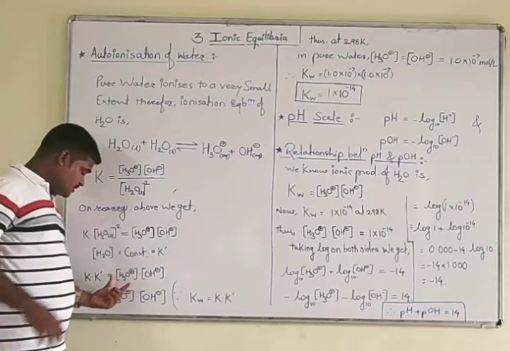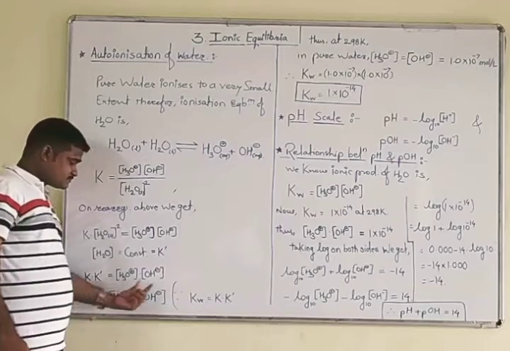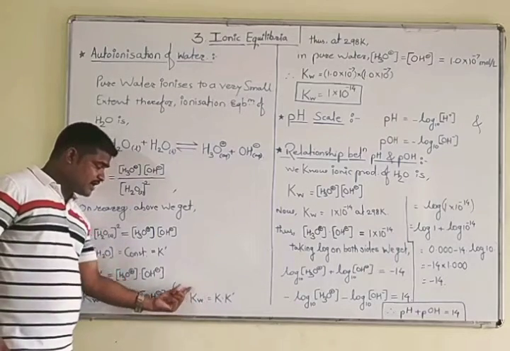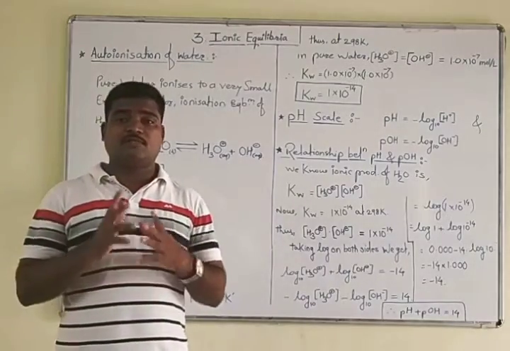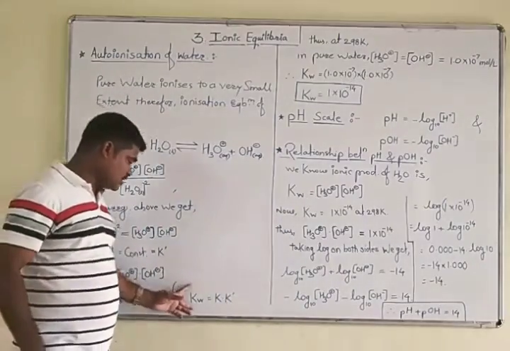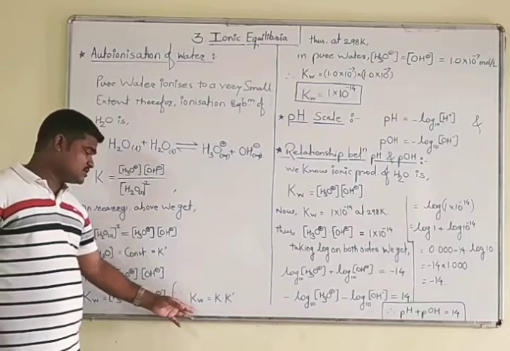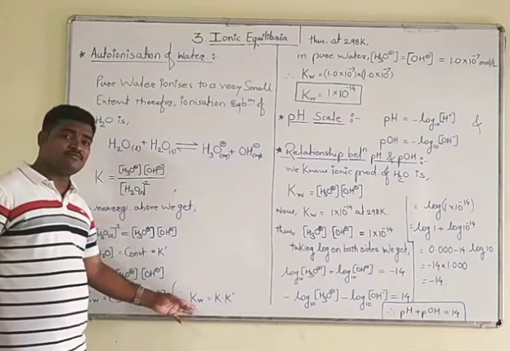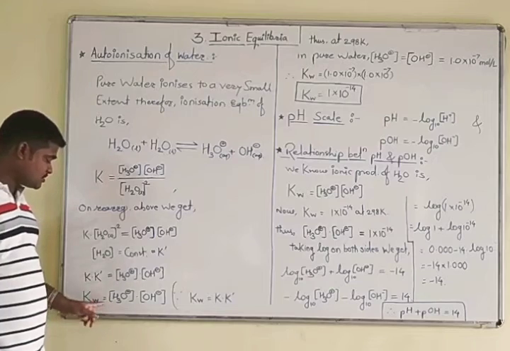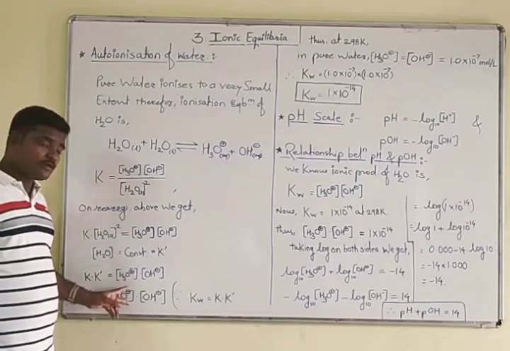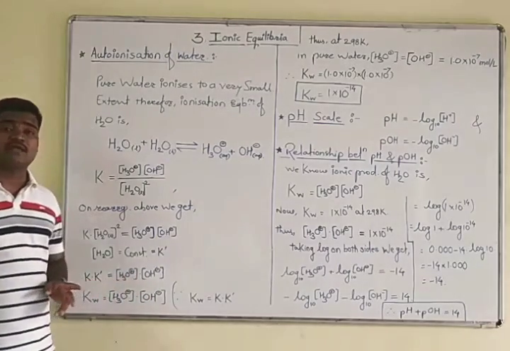So the next term becomes, we have assumed that the product K into K dash is nothing but Kw. If you put this value of Kw here, the above equation becomes Kw is equal to the concentration of hydronium ion and hydroxide ion.